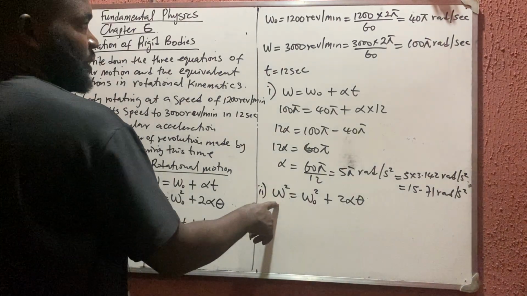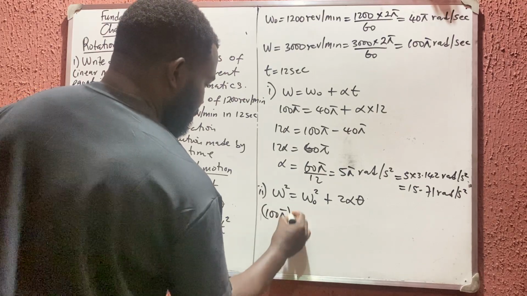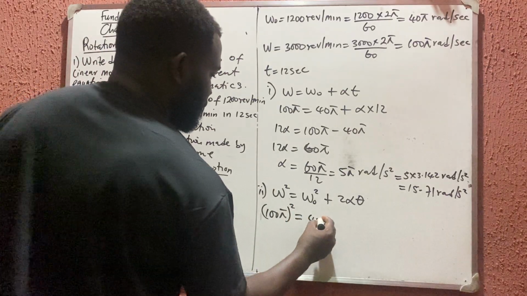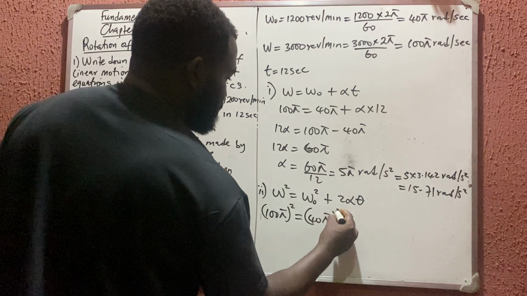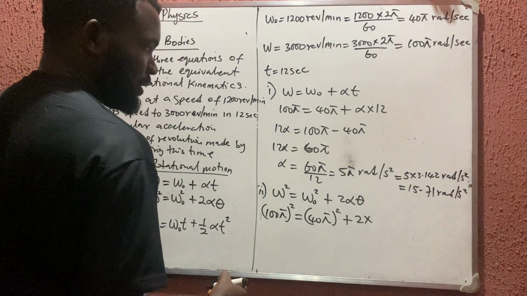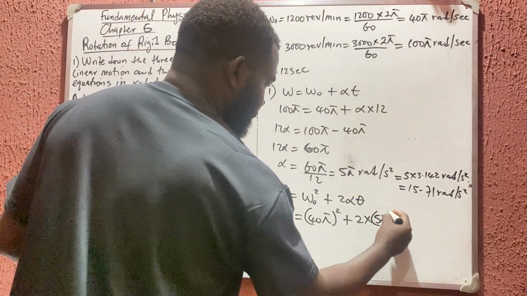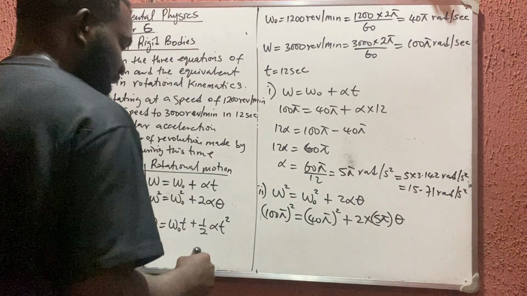So now we have that 100 pi all squared is equal to 40 pi all squared plus 2 times, let me use 5 pi here, 2 times 5 pi, then theta. So what do I have here now?